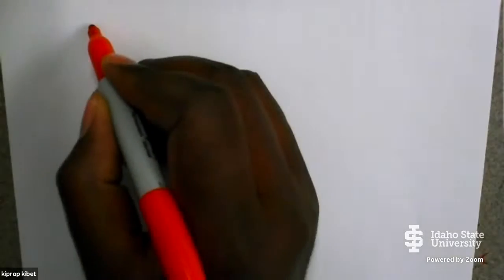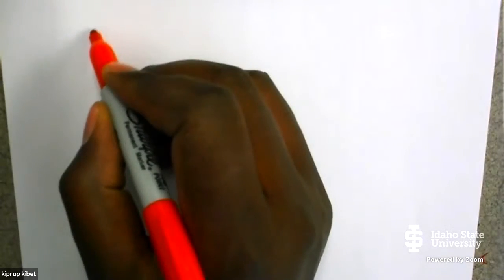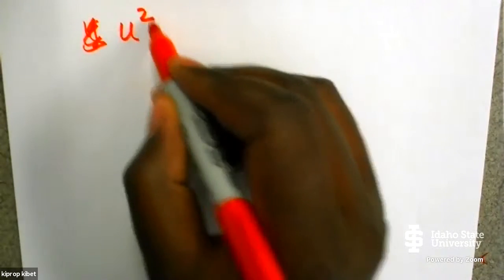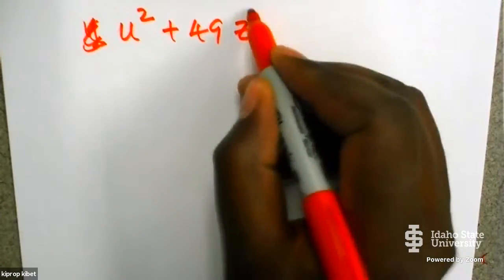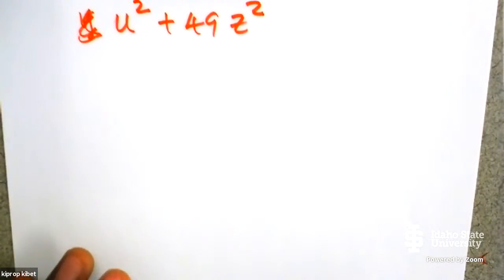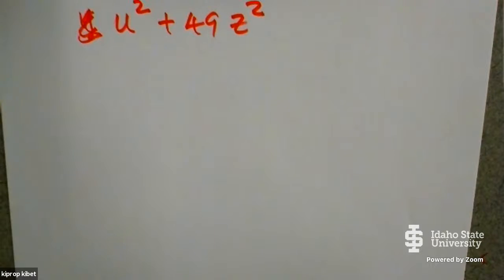now if you are given, let's say, u square plus 49 z square.